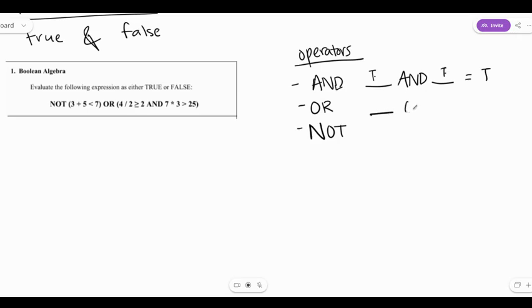Or, on the other hand, only needs one side to be true. So unless both are false, it will be true. Not, on the other hand, will take the opposite of something. For example, not true equals false and not false equals true. It just reverses it from true to false or false to true.